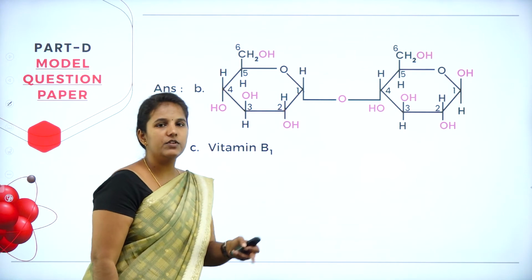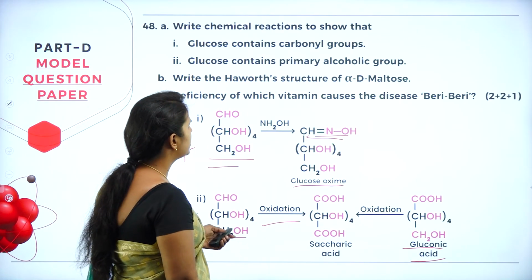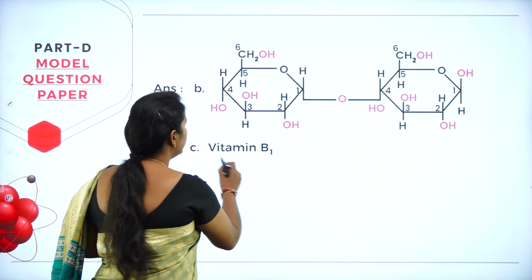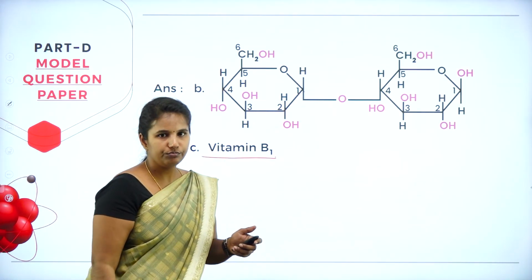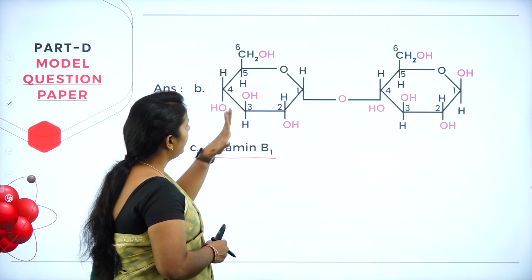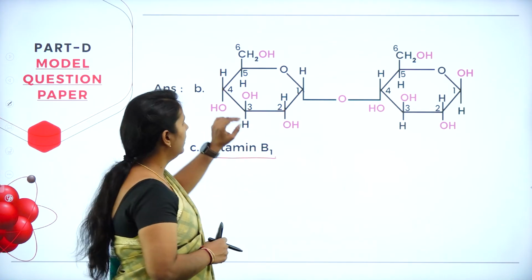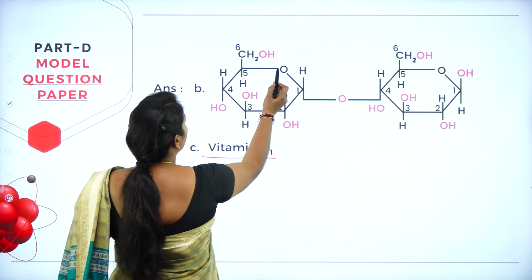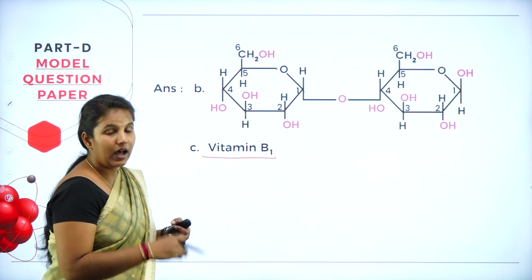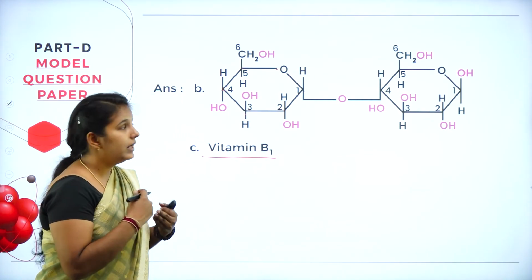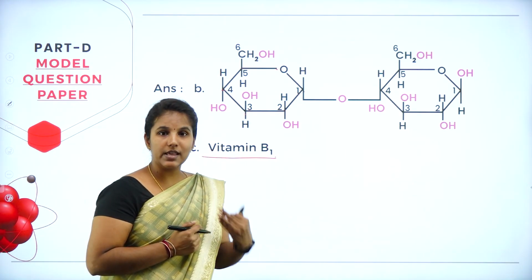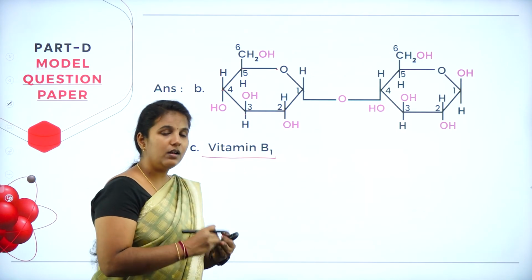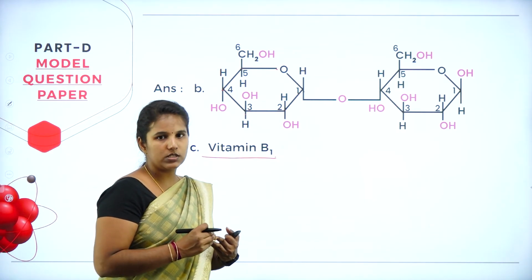The vitamin deficiency which causes the disease known as beriberi is vitamin B1. For writing this Haworth structure, remember it is a 6-membered structure, like the benzene ring. You have to write the 6-membered ring where one of the atoms is oxygen.